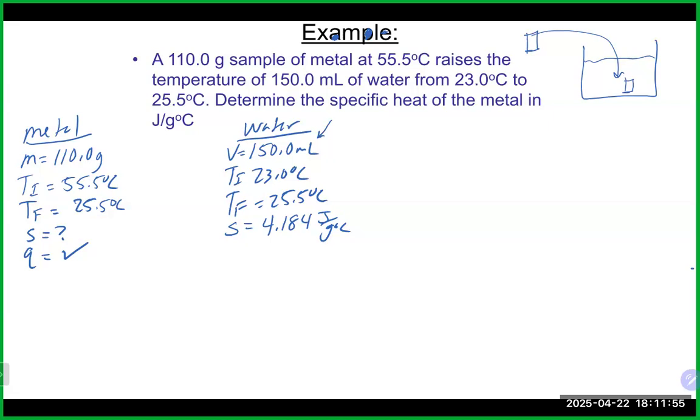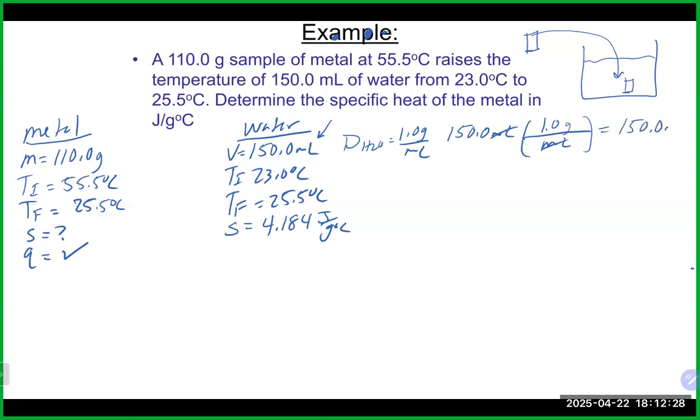In most cases, unless otherwise specified in a problem, you can use the density of water that you probably remember: 1 gram per milliliter is usually a pretty safe bet, unless they specifically tell you it's at some other temperature and give a different density. With that, we can convert our milliliters using the density of liquid water, and 1 is usually a pretty good number to use in most cases.